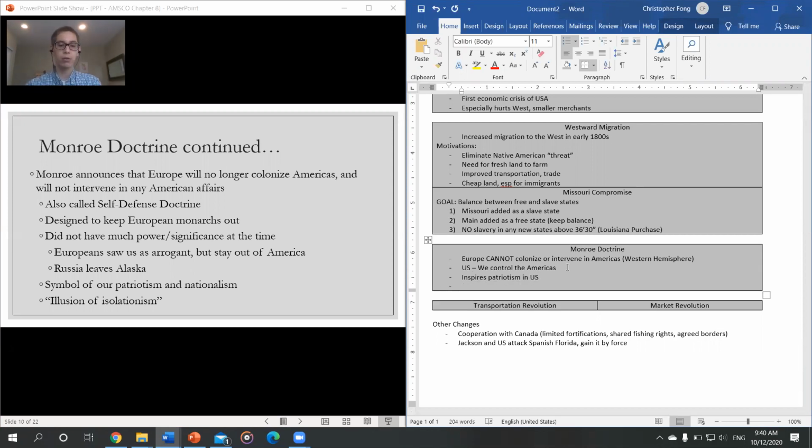And this is something that's called the illusion of isolationism, because the US is almost saying, okay, we'll stay out of your issues if you stay out of ours. So it seems to imply the US would be isolated, would not involve themselves in European affairs.